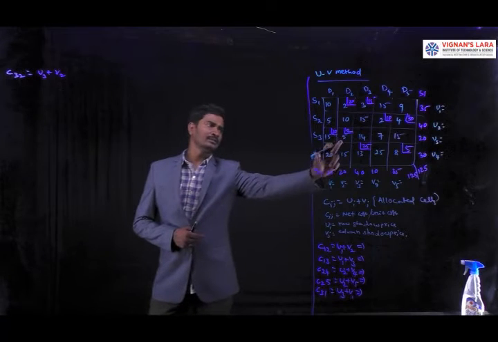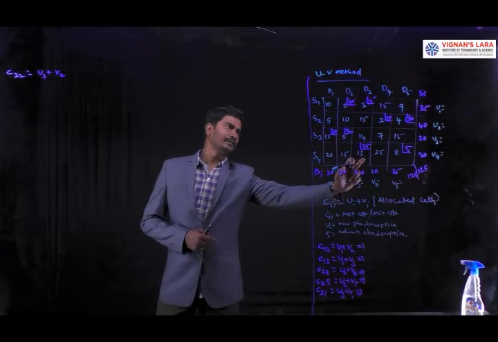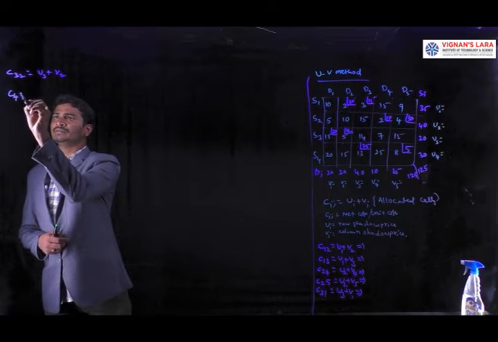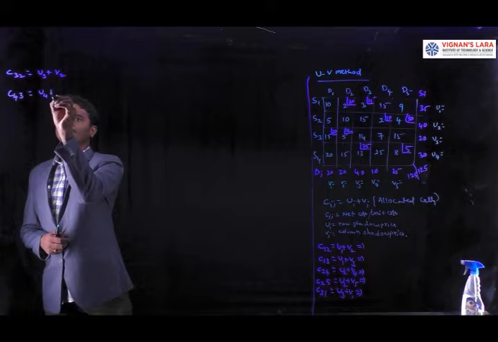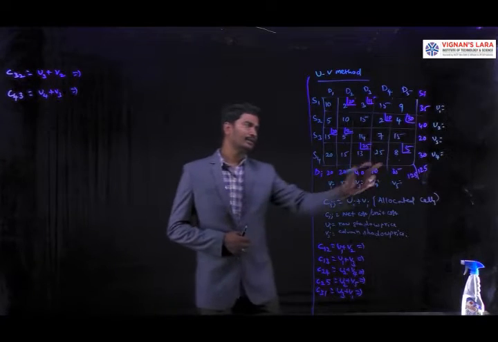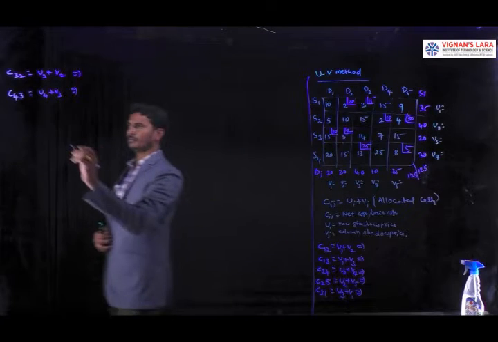Next allocation we have at S4 D3, C43 is equal to U4 plus V3. Then the next allocation we have at S4 D5.